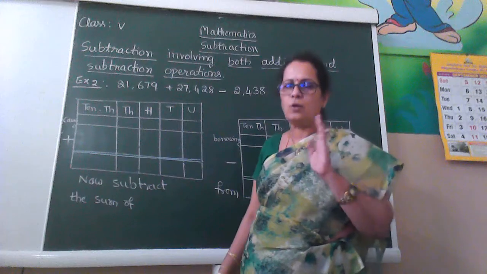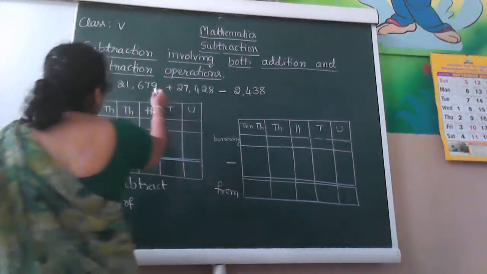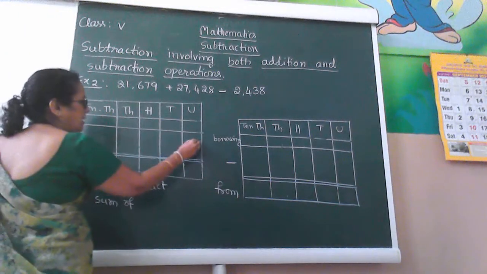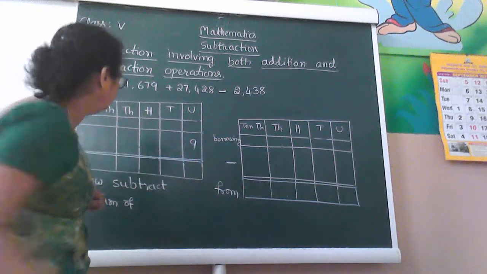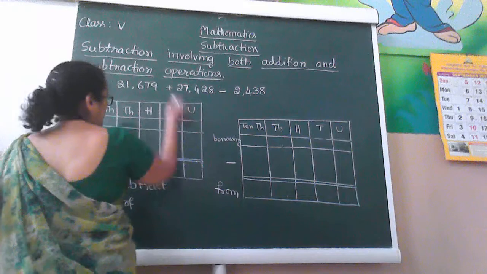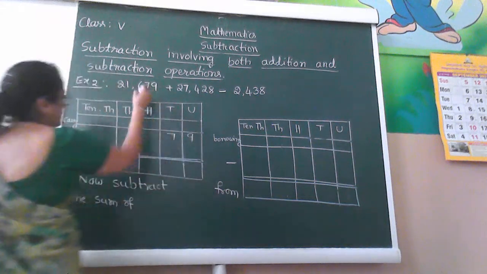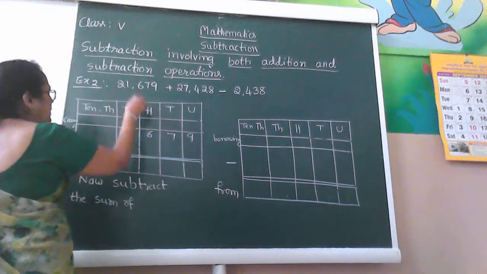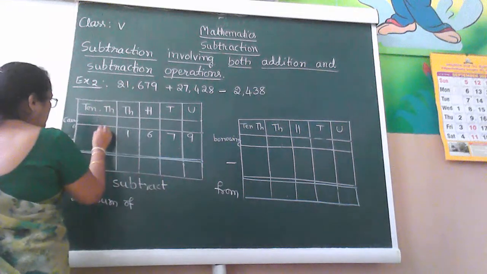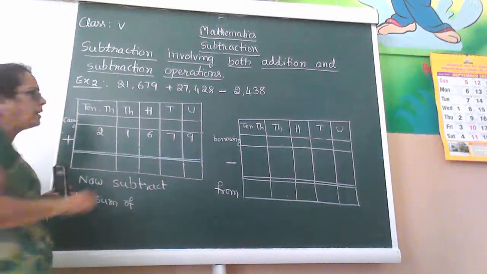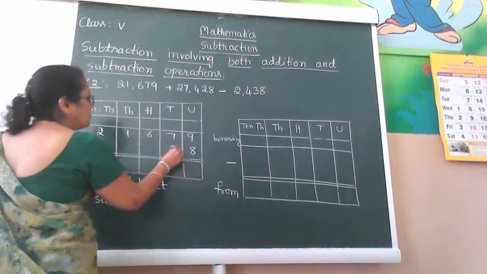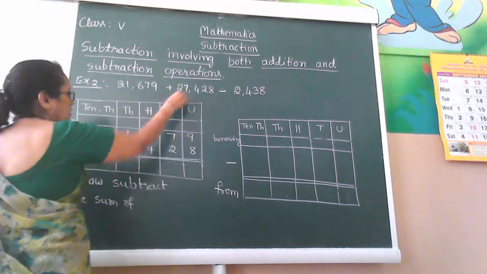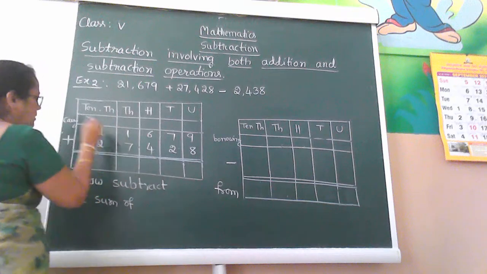Write according to place value. First write 9, 7, 6, which is in the hundreds place, 1, then 2. Write down the next 5-digit number, 8, 2, 4, 7 and 2.